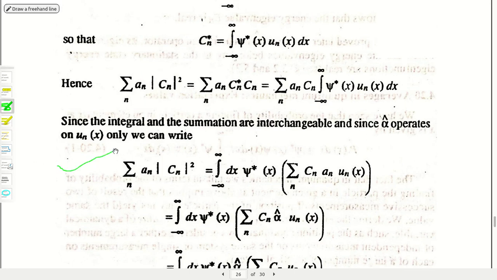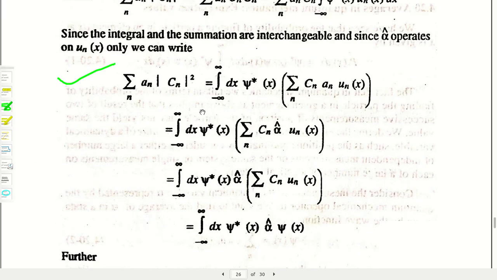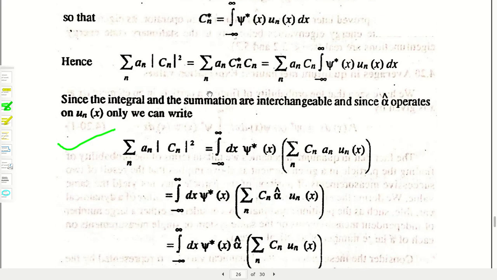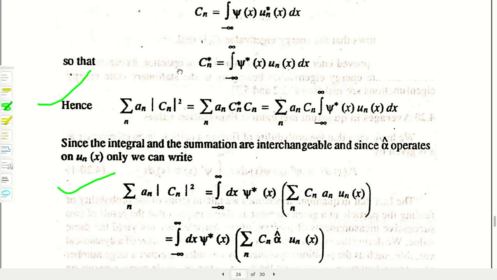Let us start with the numerator, an mod Cn square. In place of mod Cn square you can write Cn star into Cn, and in place of Cn star you can use this integral formula, just put it here.